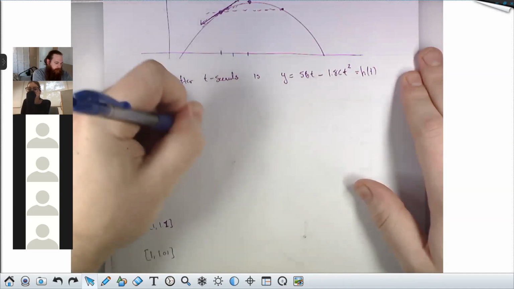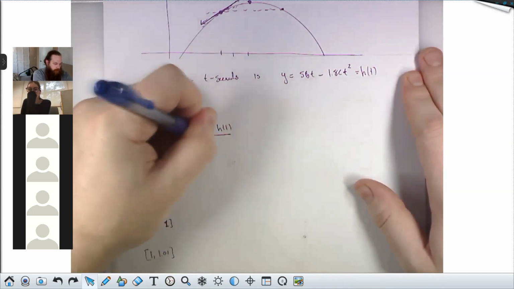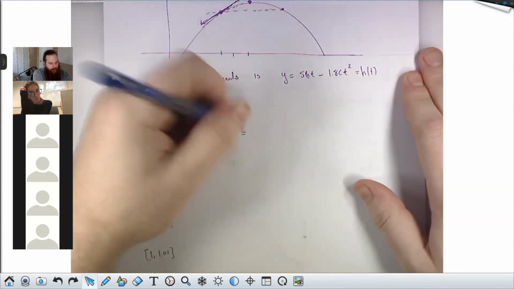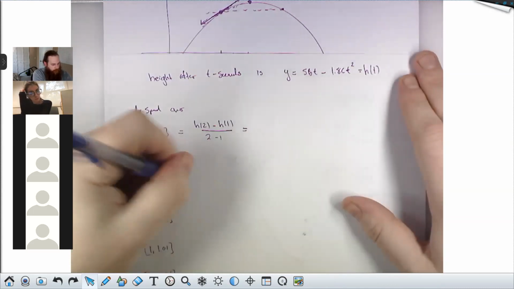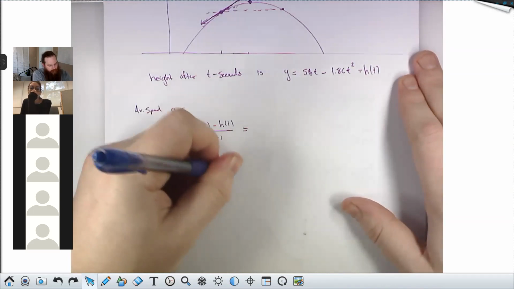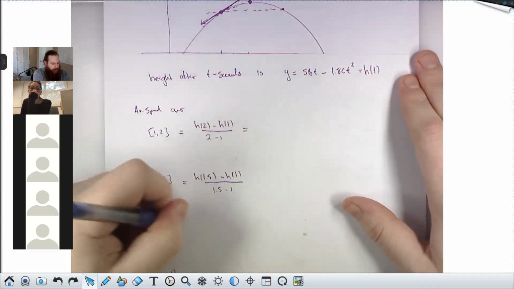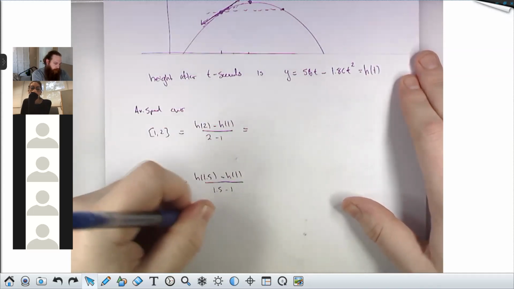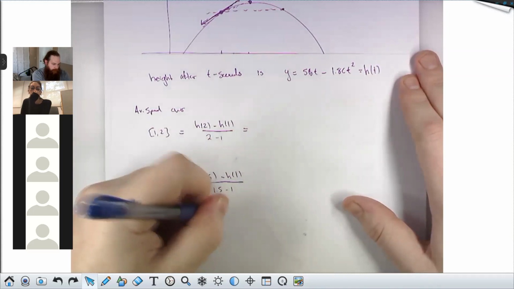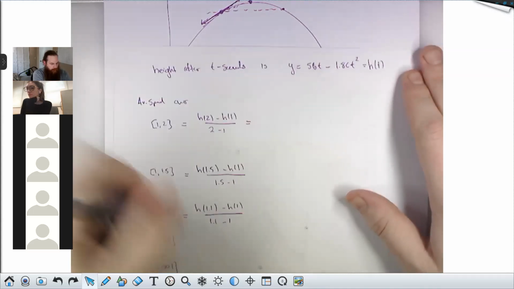This would be h of 2 minus h of 1 over 2 minus 1. This guy would be h of 1.5 minus h of 1 over 1.5 minus 1. This would be h of 1.1 minus h of 1 over 1.1 minus 1.